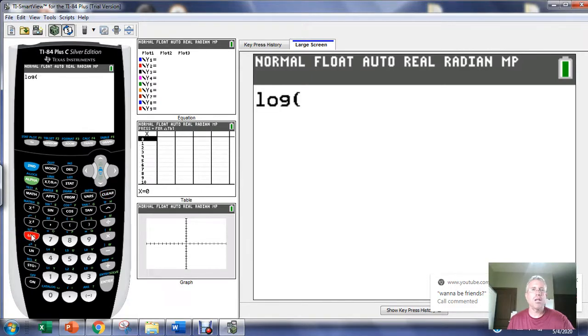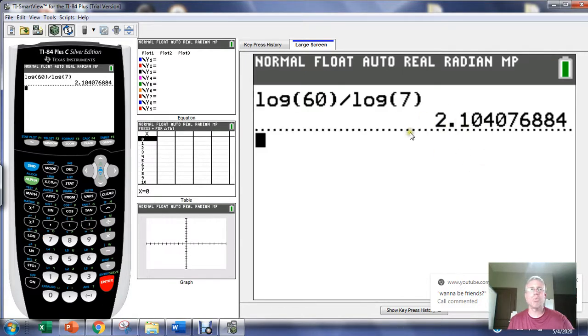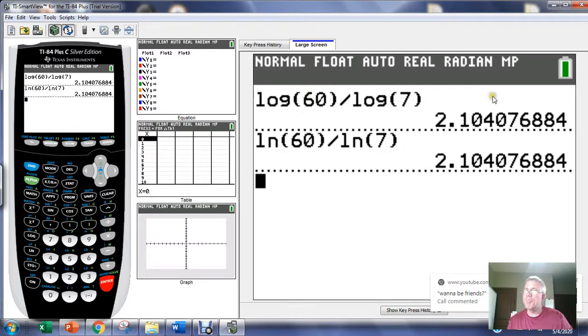So if I do log of 60, and then divide that by log of 7 and approximate that ratio, it's about 2.1-ish. I could just as easily have used the ln, or the natural log key on the calculator. I could have said natural log of 60 divided by natural log of 7, and if I hit enter, I'm going to get the same approximation because the base doesn't matter.